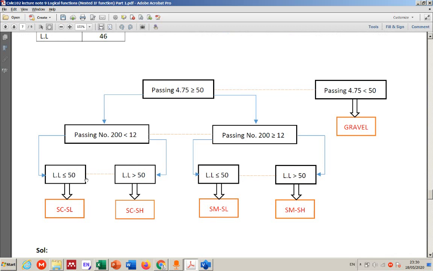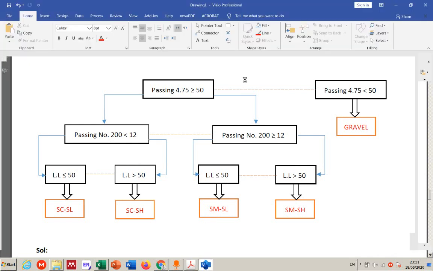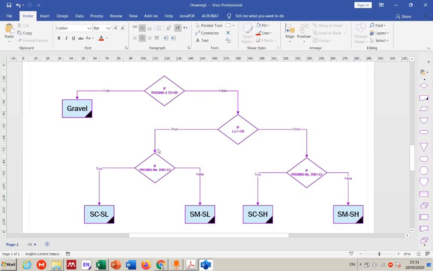I know those two have the same condition, but what is the difference between them? One of them is passing number 200 smaller than 12, the other one is passing number 200 greater than or equal to 12. So when it comes inside here, we come to this true. I know LL is smaller or equal to 50, so I'm checking for passing number 200 to be smaller.